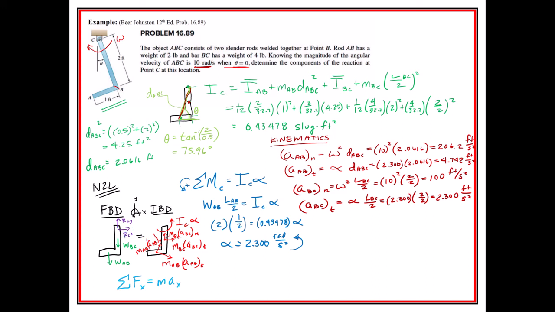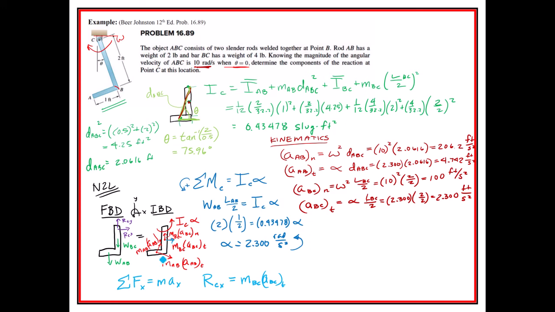Looking on the left-hand side, the only force in the x direction is RCX, right? Nothing else there. On the right-hand side, we're going to have the mass of BC times acceleration of BC in the tangential direction. Easy enough, and that's positive, right?